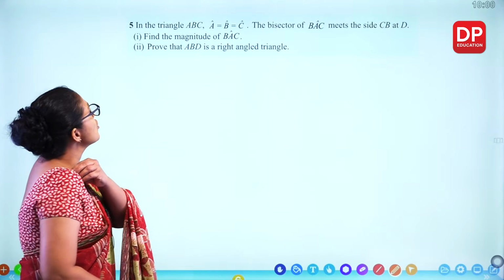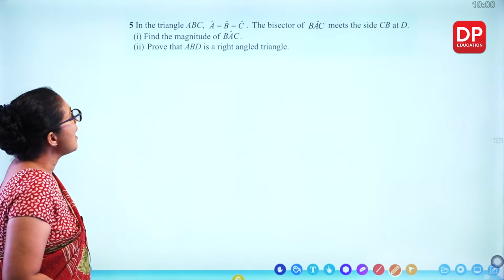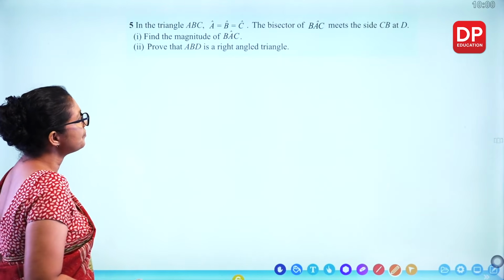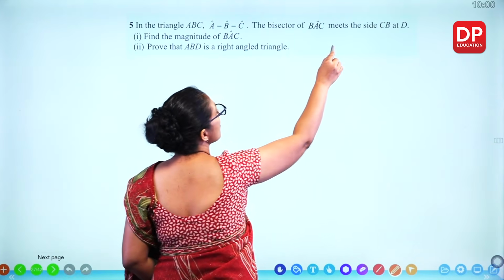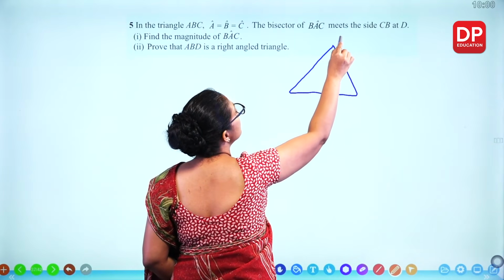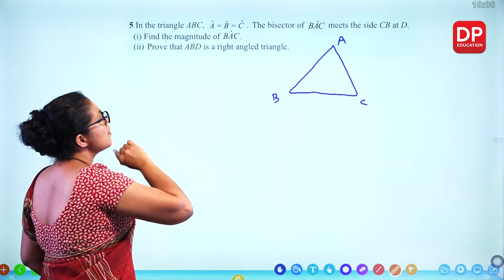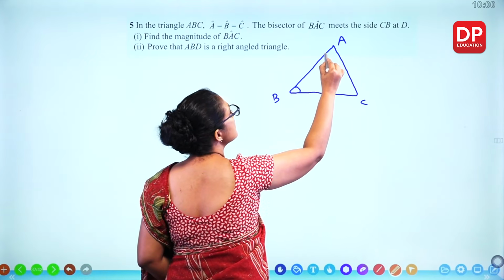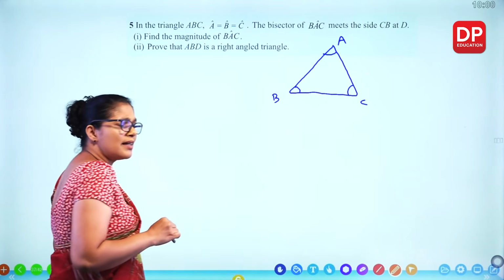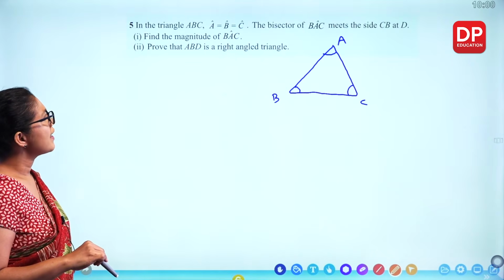Now we'll take question number 5. In the triangle ABC, it says A equals B equals C. So all 3 angles are equal. What's the triangle? Equilateral triangle.